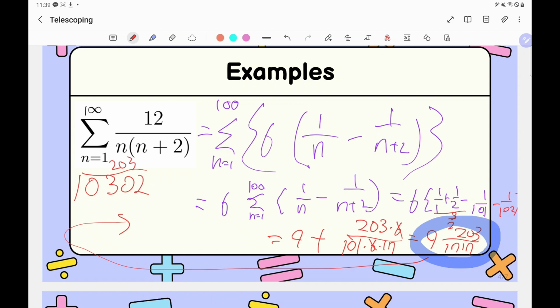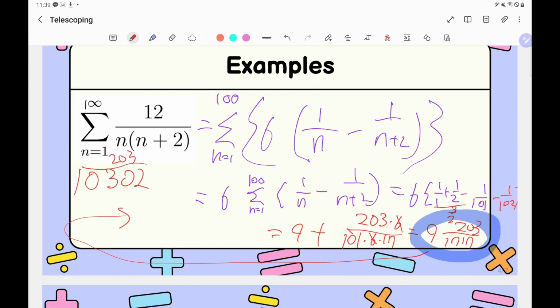Fractions? Yeah, fractions. We write it as 1717 over 1717 times 9 plus 203, which actually becomes 1717 over 15656. Oh my god. So 1717 over 15656 is our answer. Or you can write 9 and 1717 over 203.